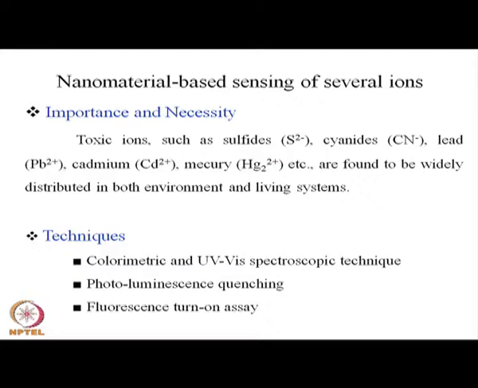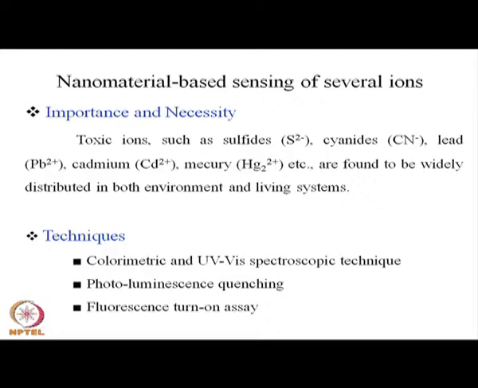Another is photoluminescence quenching. We'll be discussing this particular issue in a later part of the next lecture, where nanoparticle photoluminescence quenching will be used for sensing. Another is the fluorescence turn on assay.